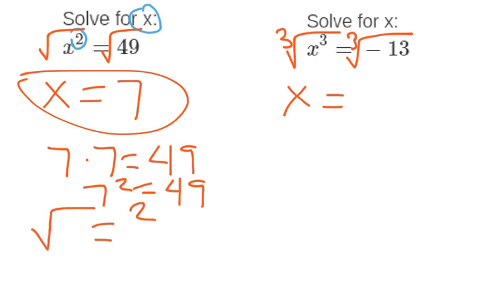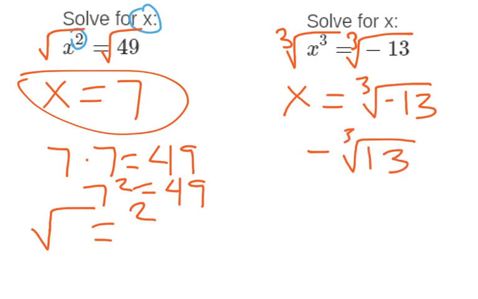So you can leave your solution as the cubic root of negative 13. That could also look like negative cubic root of 13 as well. Either way you write it, it means the same thing. Just make sure you keep that negative in there because it needs to be there, because a negative times a negative times a negative equals a negative. Alright?